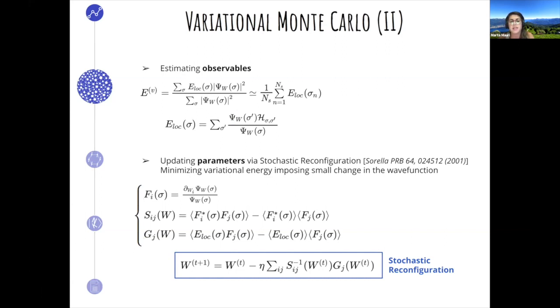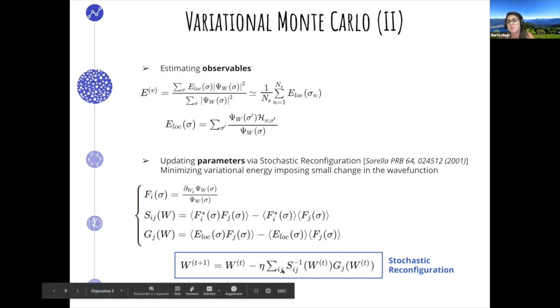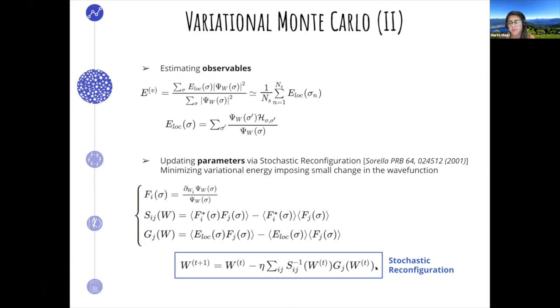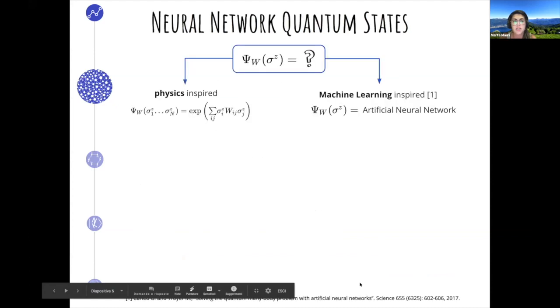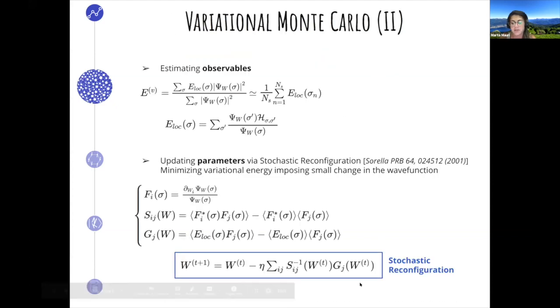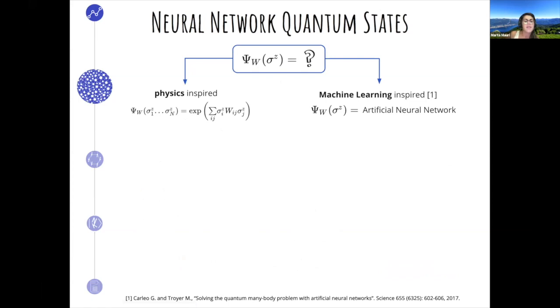And so the update of the parameters depends on a certain learning rate, which is fixed, and then depends in a more complicated way on the gradient of the energy of the system. And therefore, this is how we update our parameters. I'm not going to go into the details of this, since we have already mentioned it.